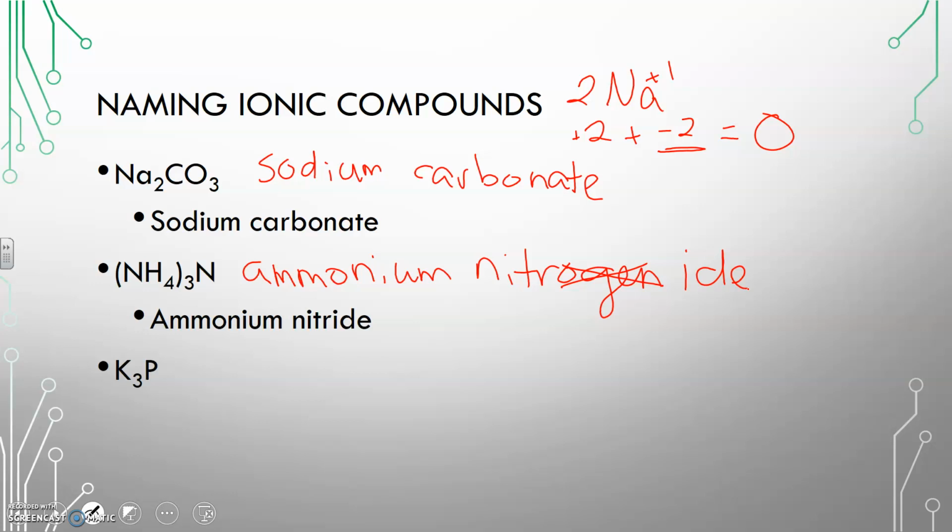All right, last one of this style, and then we're going to go to the next video to basically do this backwards. So we have K3P. K, believe it or not, is potassium. Each potassium has a +1 charge, and we have 3 of those. And then remember, we still have to equal 0, and we have our P, which is phosphorus.